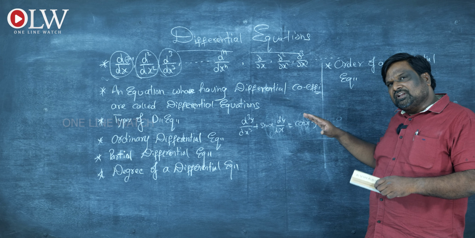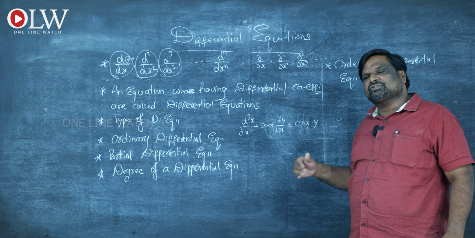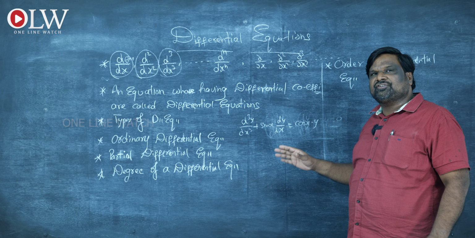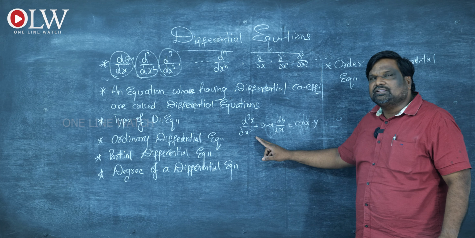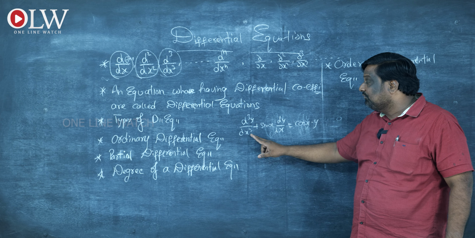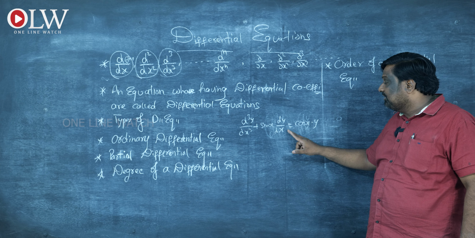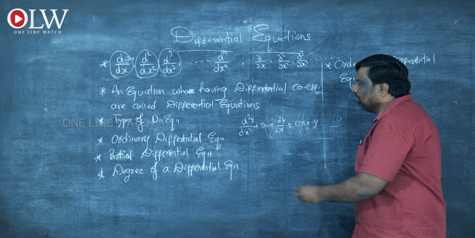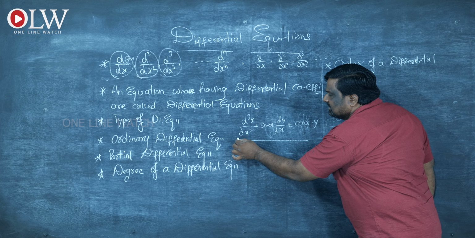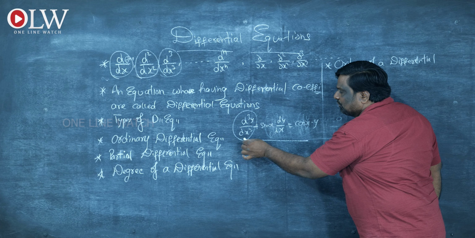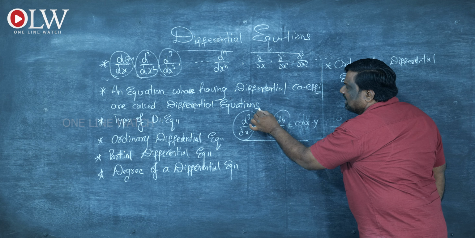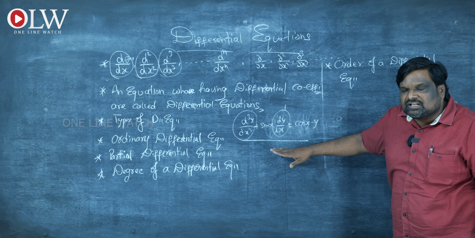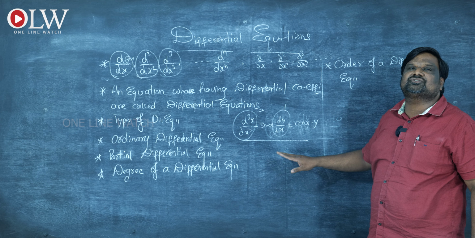Even if the differential equation has trigonometric ratios, exponentials or logarithms, whatever it may be, the order is defined as the order of the highest differential coefficient involved in the equation. For this example, this is a third order differential coefficient and this is a first order differential coefficient. The order is 3. So this is an ordinary differential equation and its order is 3.